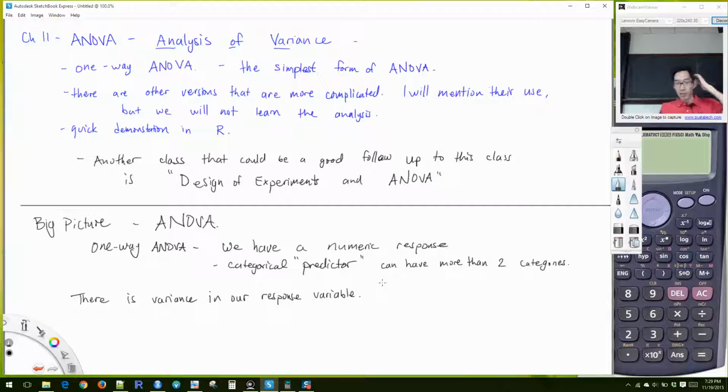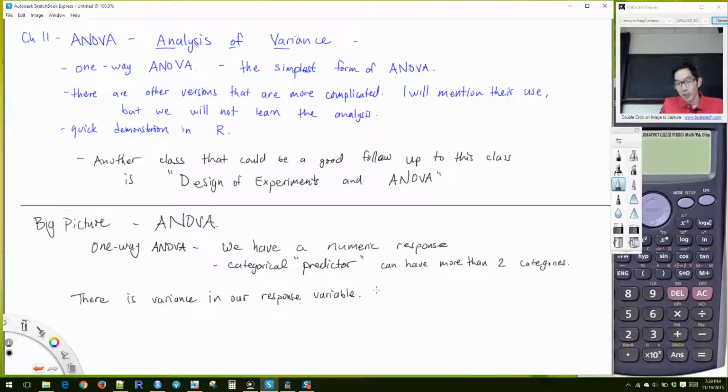And with ANOVA, we are trying to separate out just variance that exists because, quote, everything is different. If we select 50 people, they're all going to have different heights.